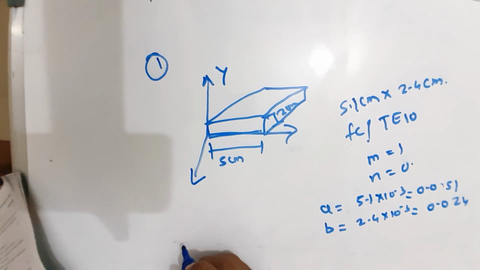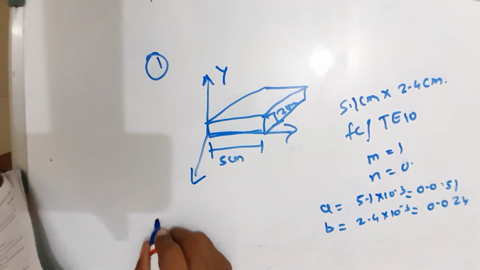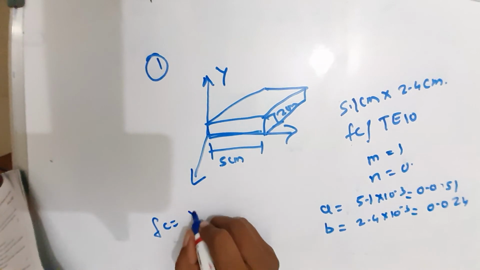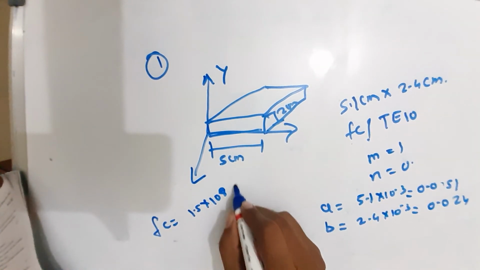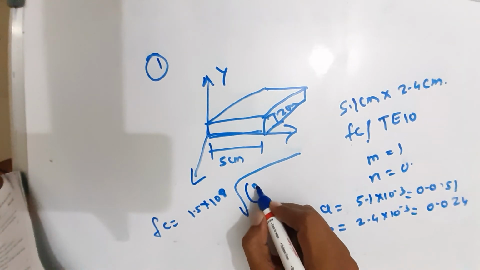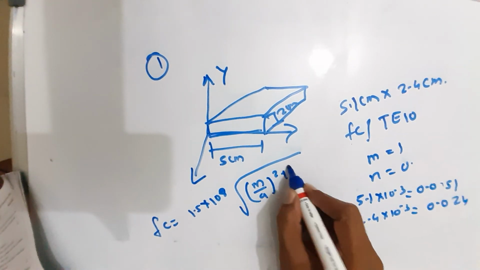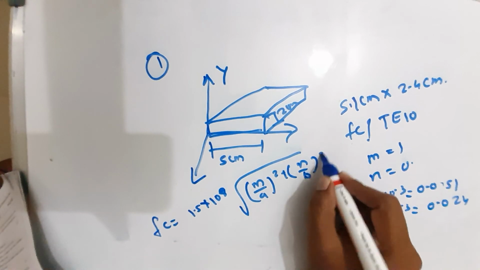Just put the values. Fc equals 1.5 into 10 raised to 8 under root of (m by a) square plus (n by b) square.